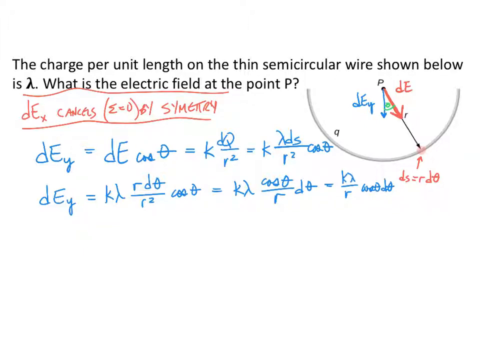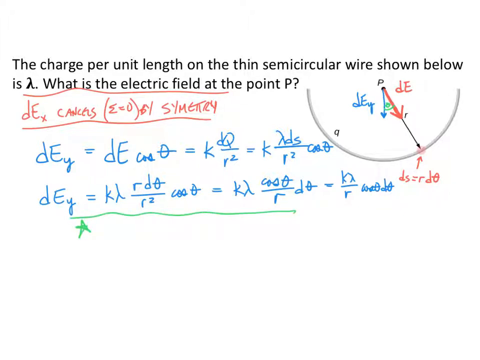So it should be the case that E will end up being the integral. I'm going to pull my constants out though. Let's do what I did last time and actually just deal with the cosine theta d theta business.